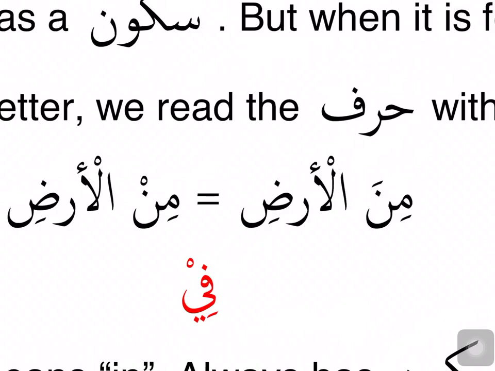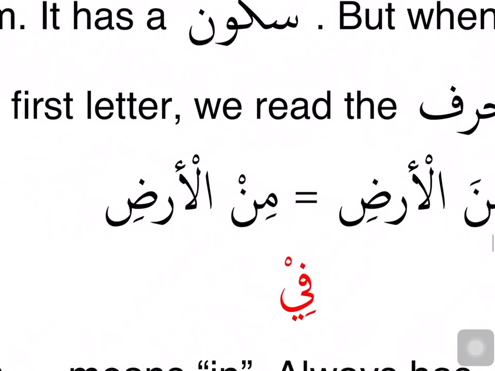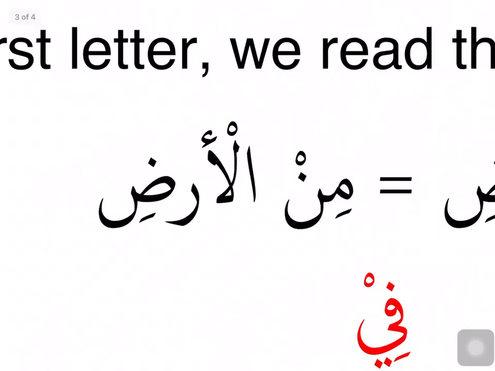Al, the article the. The harf of jar is min, so noon has sukoon. The word al-ardi has lam at-ta'arif, al. Hamza is hamzatul wasl. Then the lam has a sukoon on it, al.